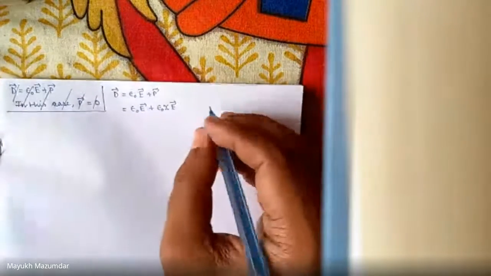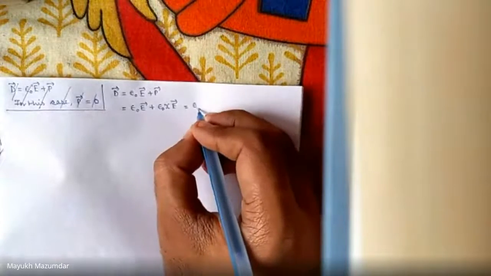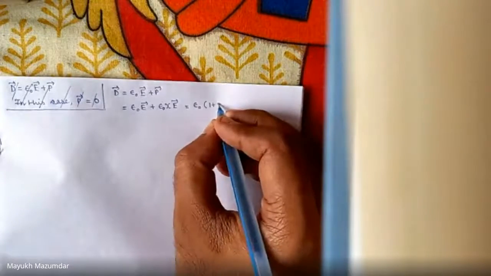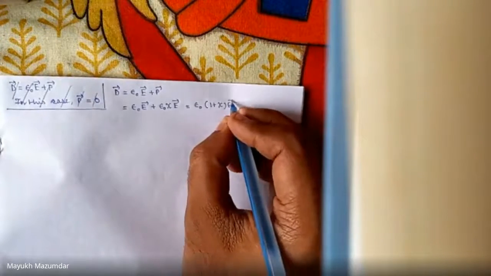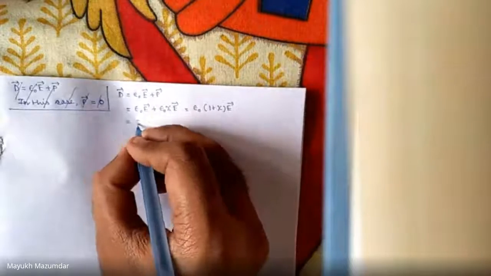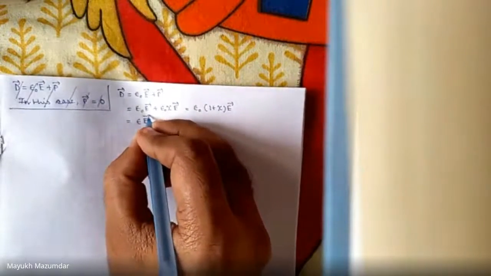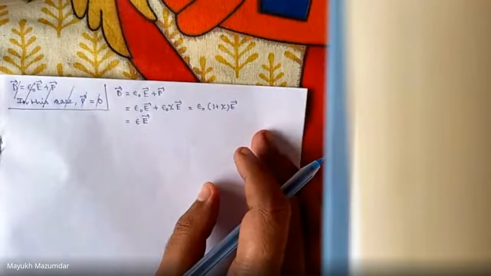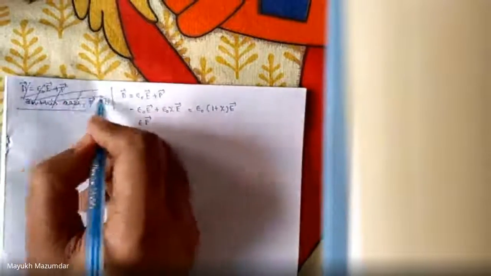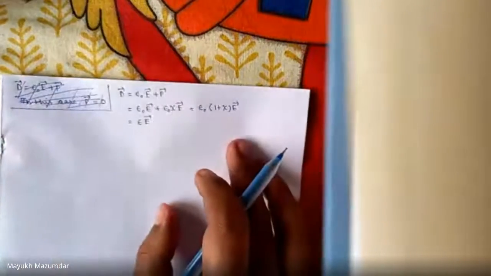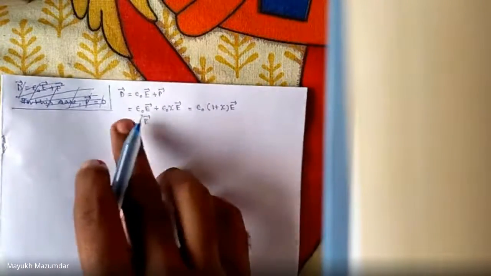So what did we get ultimately? We got D equal to epsilon E, isn't it? Forget this thing, it's totally wrong. This thing we got, remember?